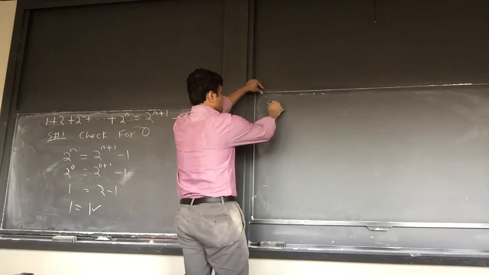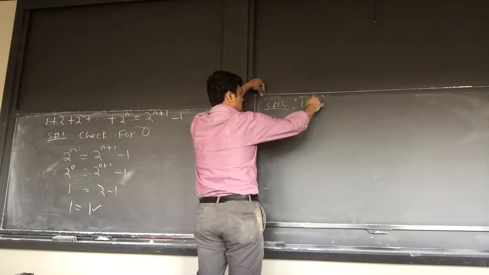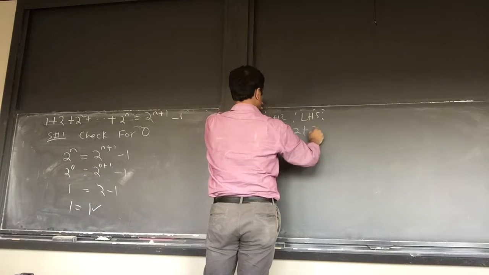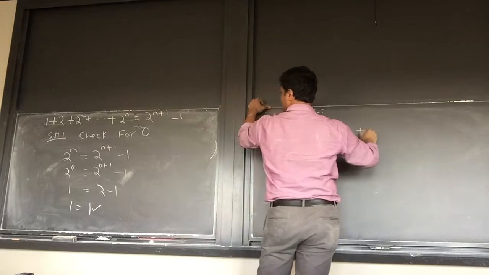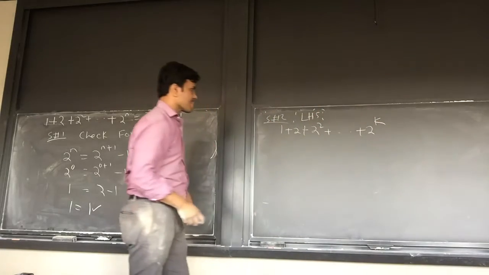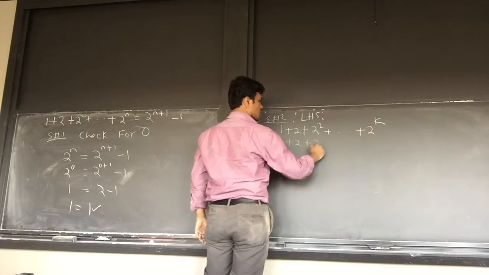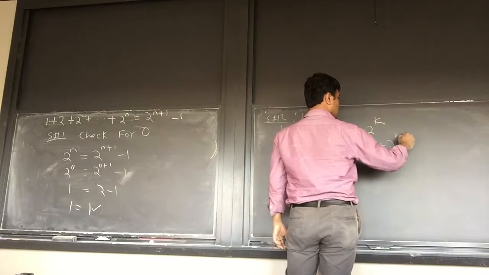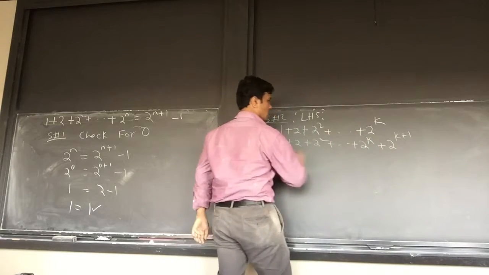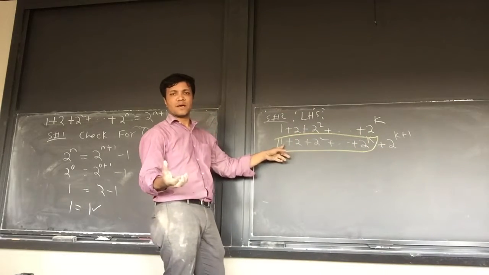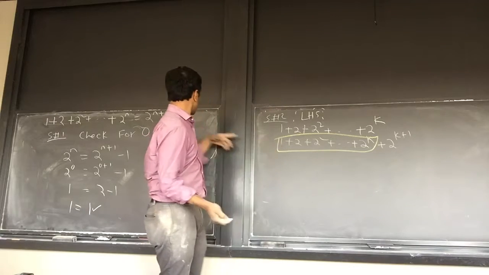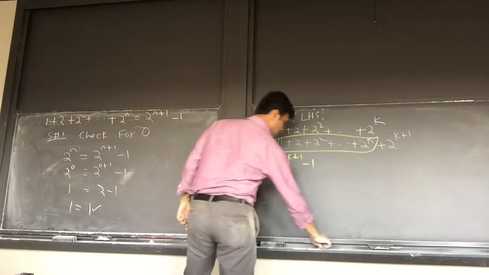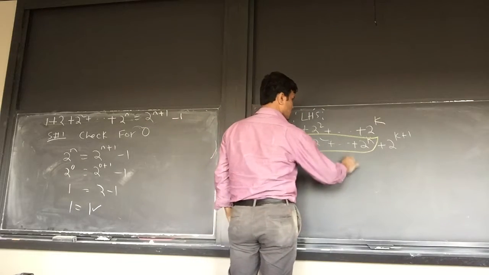So step 2, left hand side. The left hand side is 1 plus 2 plus 2 squared plus up to 2 to the k plus 2 to the k plus 1. So this part is gonna be replaced by the right hand side, and the right hand side is 2 to the k plus 1 minus 1 plus 2 to the k plus 1.